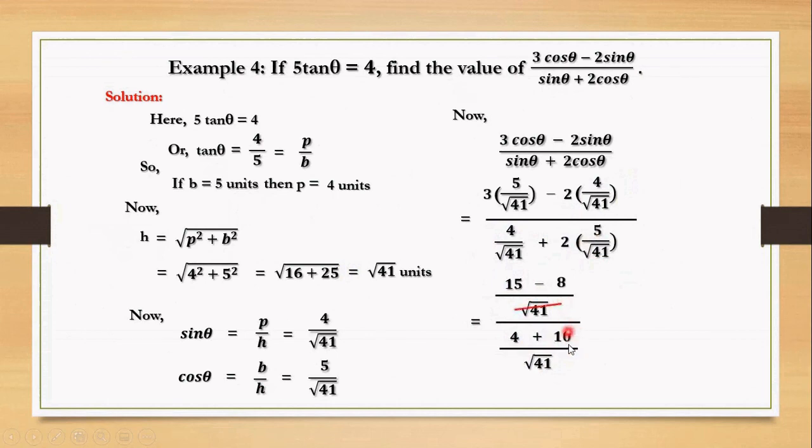We can cancel this root 41 and this one. Now on simplifying, we have 15 minus 8 is 7, and in the denominator 4 plus 10 is 14. One more step, they can get simplified. We can cancel it with 7. So 7 ones are 7 and 7 twos are 14. Now our answer is 1 by 2, which is the value of the trigonometric expression mentioned in the question.